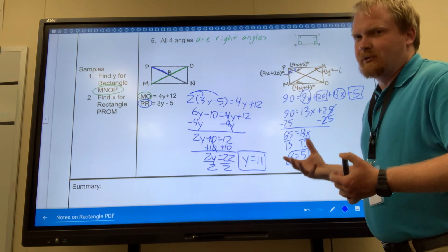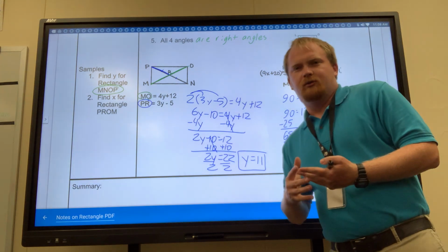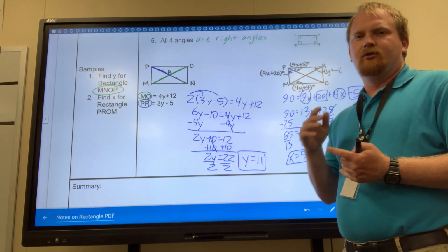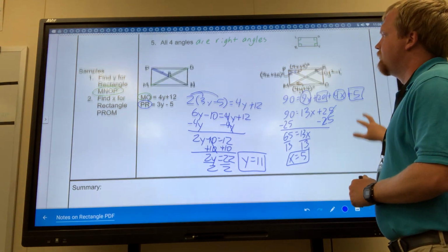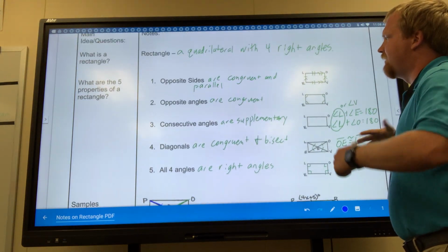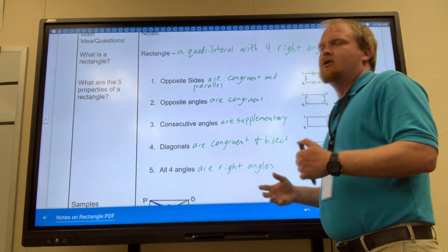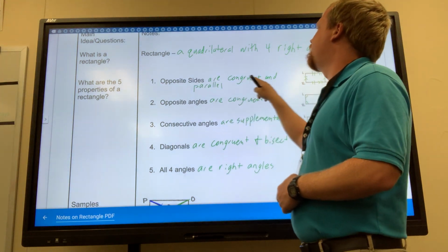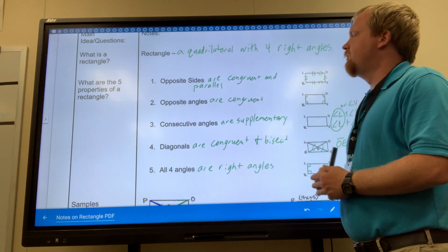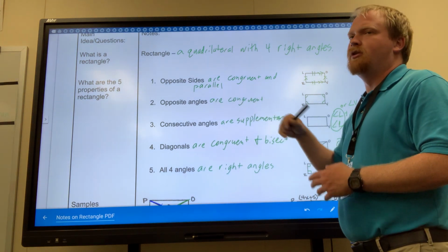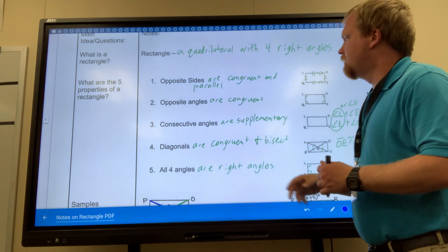So basically what we have to remember is that with rectangles, all four angles are 90 degrees, and that's just by definition. We also know that opposite sides are not only congruent, but they're also parallel. Opposite angles are going to be congruent.